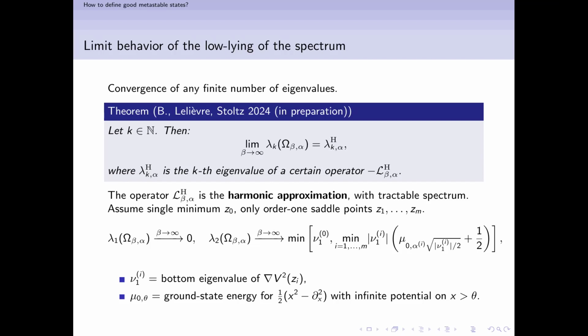I'm not going to comment too much, but the point is you can compute this using the eigenvalues of the Hessian. And here you have this new thing, which is related to the ground state of a certain quantum harmonic oscillator, but with an infinite potential barrier. It's a parameter.